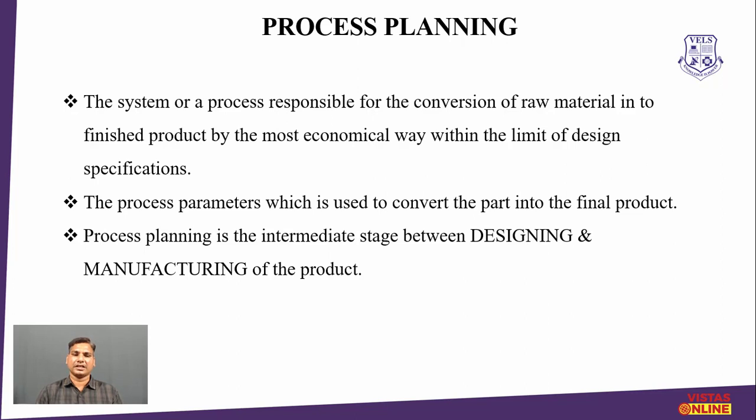So from designing to manufacturing of the product, everything comes under process planning. You prepare a plan for how you are doing things and what you are producing, and you come to know this with the help of effective planning.